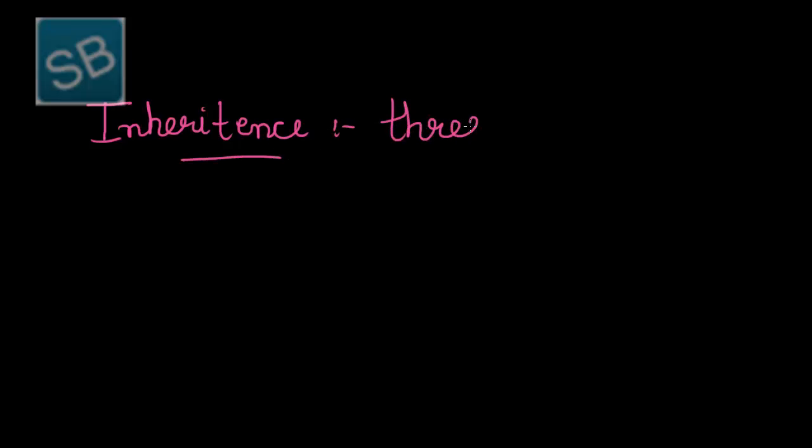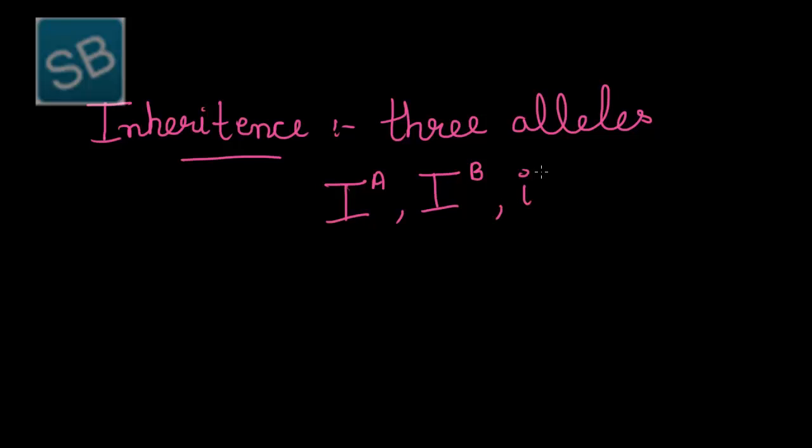Thus, within blood group, the inheritance is based on three alleles, that is IA, IB and small i, out of which IA and IB are dominant while small i is recessive.